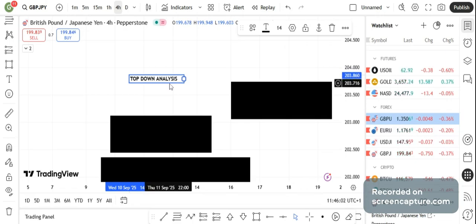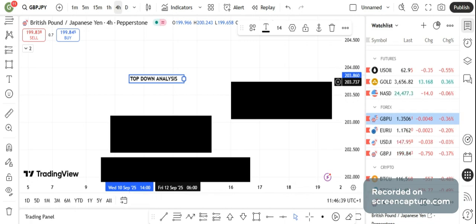How does top down analysis help? It helps traders, even beginner traders, to understand the market structure, the time frame we should work on, the time frame where we are to get entry, and to check how strong the currency pair is, how strong the trend is.